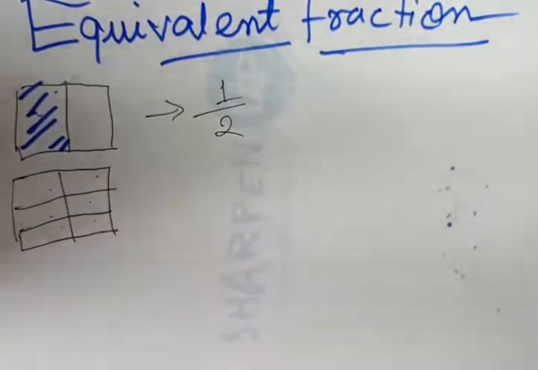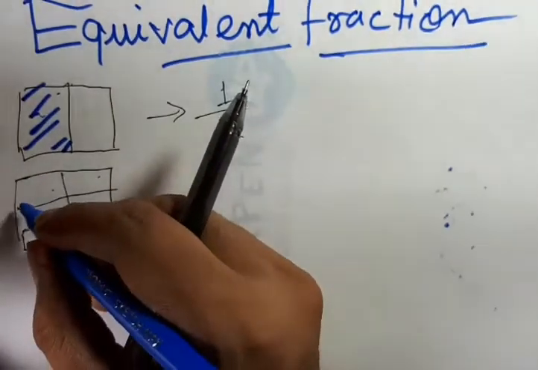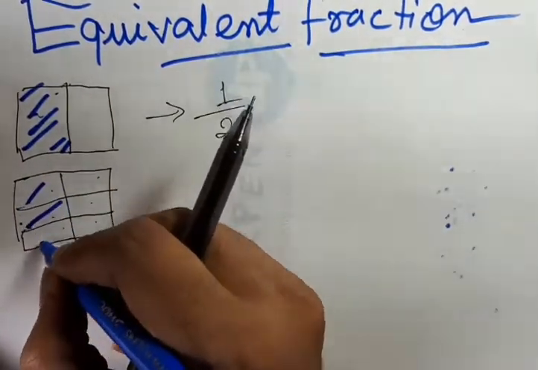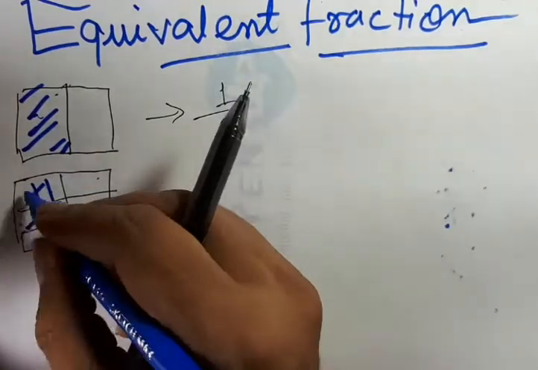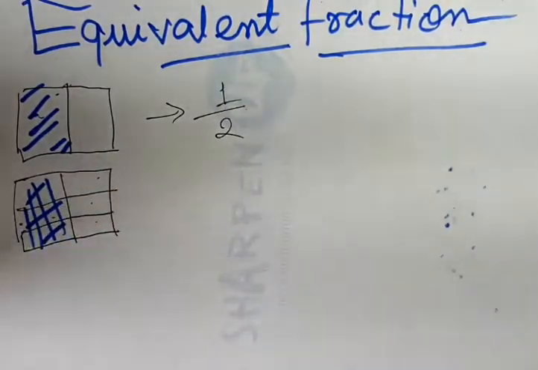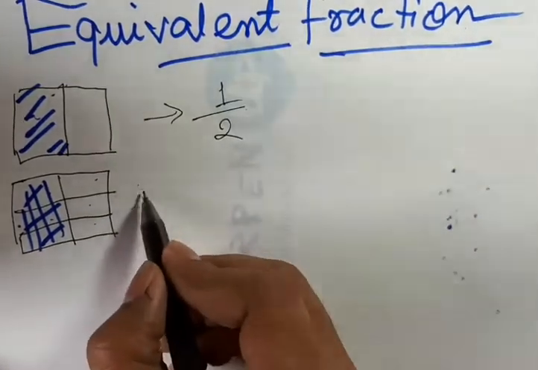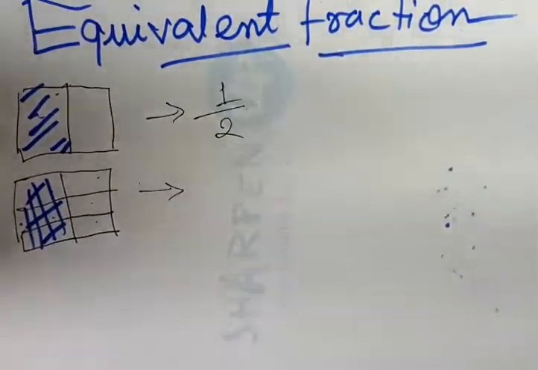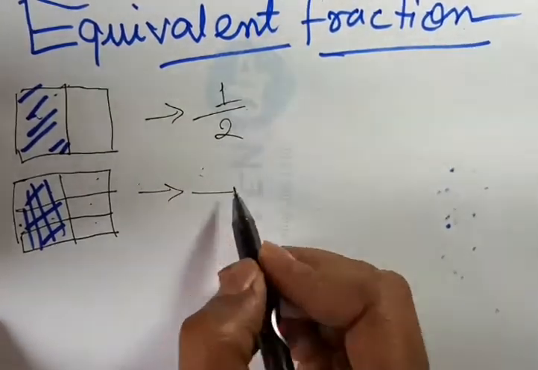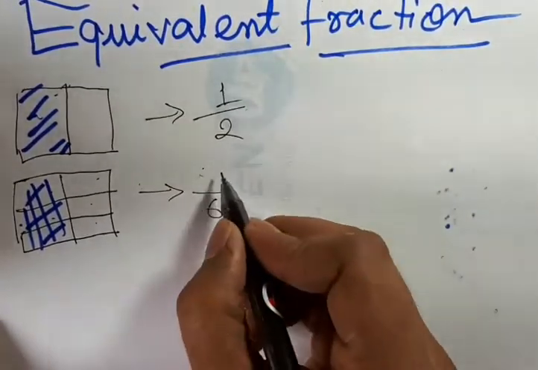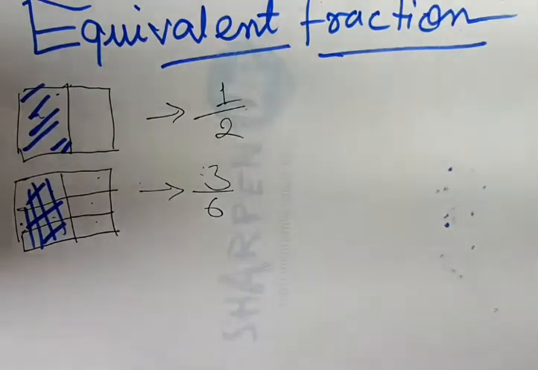For eating half the burfi, how many parts do I have to eat now? This time I will eat this, and this. If I eat these 3 parts, then I will again have consumed half of it. So this time if I have to represent my consumption as a fraction, how can I represent it? How many parts have I made this time? 6, and 3 parts I have eaten here.